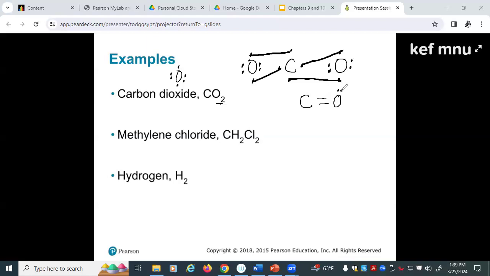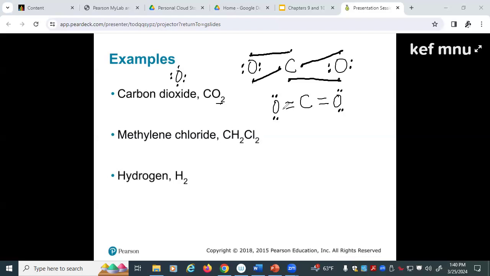And the oxygen will still have 4 unpaired dots around it. And the same thing on the other side. So this is my Lewis structure with carbon dioxide. Carbon dioxide features a carbon in the middle and 2 sets of double bonds to the oxygens on either side.